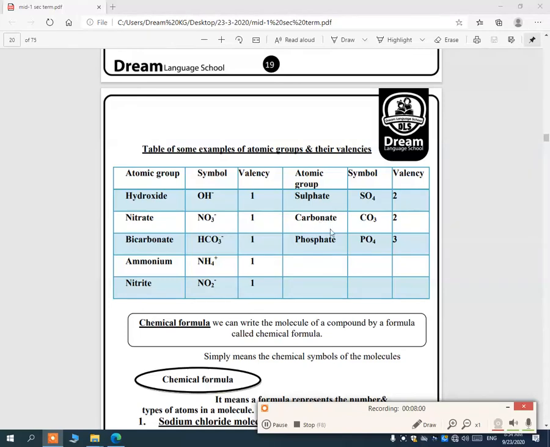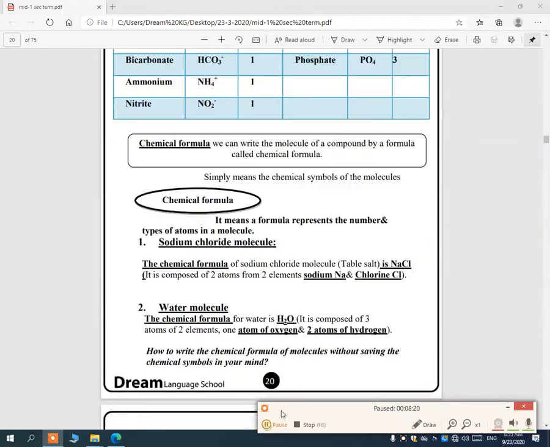And we have carbonate, its symbol is CO3, which also carries 2 negative charges, so its valency equals 2. Finally we have phosphate, its symbol is PO4 and it carries 3 negative charges, so its valency equals 3.